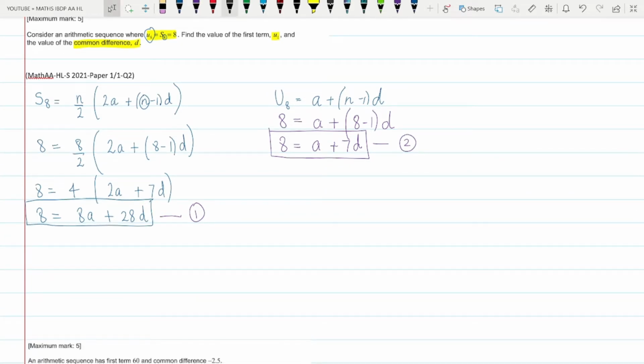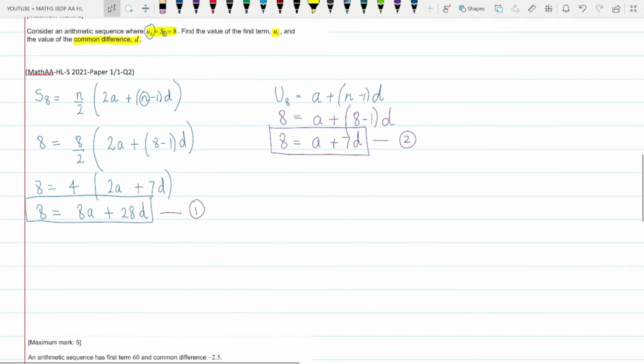Now we will solve these equations simultaneously. So a plus 7d is equal to 8, and 8a plus 28d is equal to 8 again.